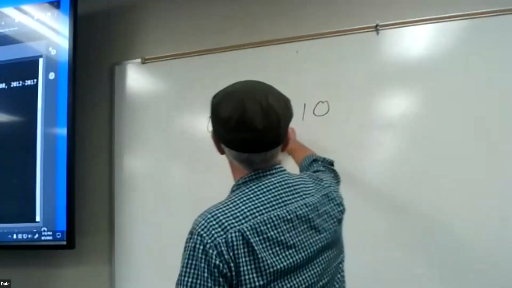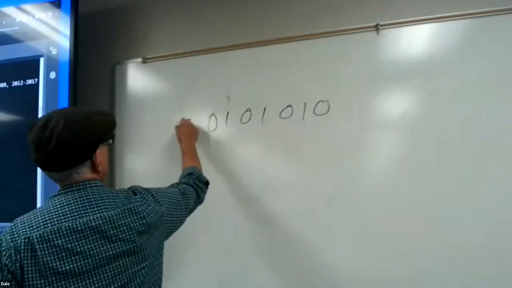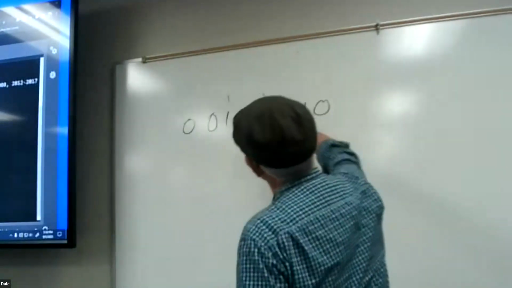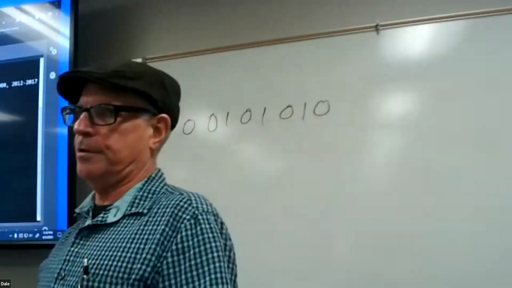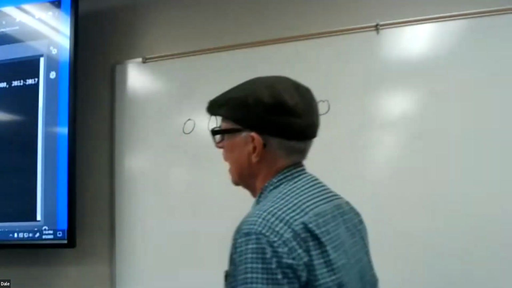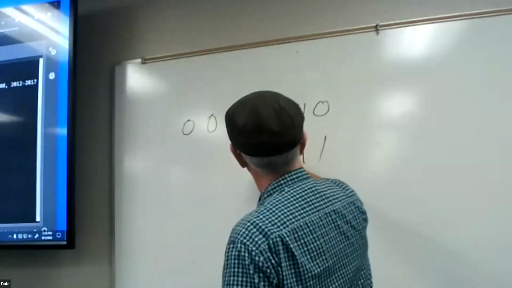That's 0. And then I need 1, 2, 3, 4, 1, 2, 3, 4. Okay. So I'm using 8 bits and I'm using the leading zeros just to make it a little easier. Okay. And then I added basically this number to it.